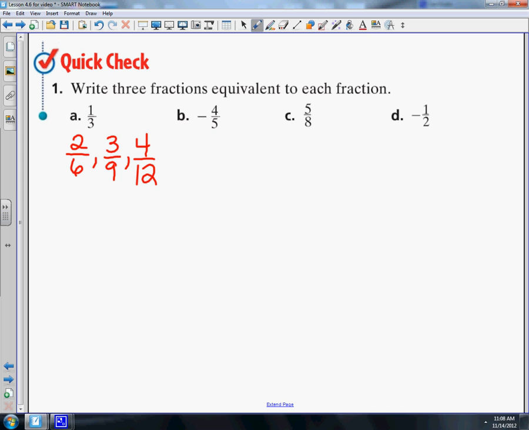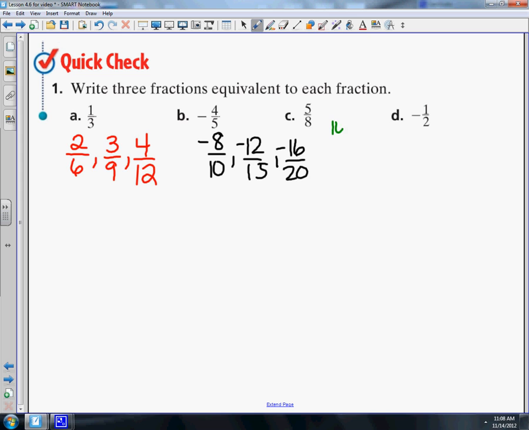I just went right from 1/3 and doubled that, and then tripled, and then quadrupled. So negative 4/5, the easiest one is negative 8/10. And then you can times it by 3, so negative 12/15. And then I times it by 4, negative 16/20.